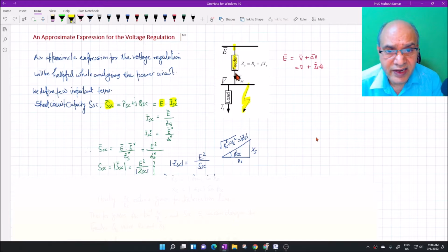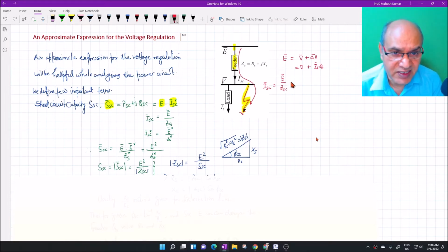Now current is here ISC. What is ISC? ISC is E by ZSC, as you can find out from this. Since it is fault condition, this is almost like grounded, and therefore the current will flow like this. So ISC is nothing but E by ZSC, and ZSC is same as ZS because the short circuit impedance will be the impedance of the feeder.